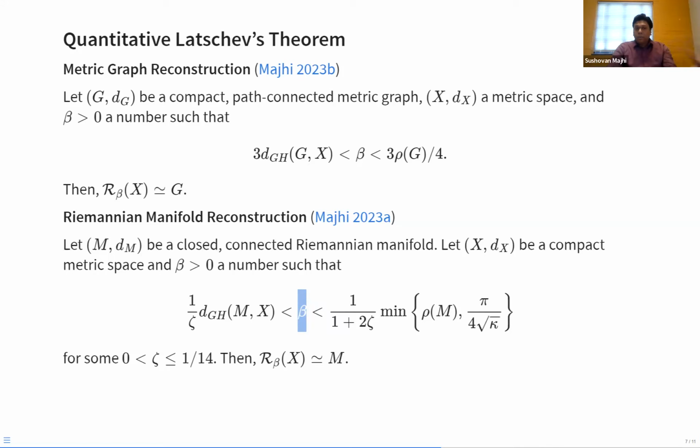But here is the quantitative version of Latschev's theorem, where we can reconstruct a closed connected Riemannian manifold from a finite sample as long as the Gromov-Hausdorff distance between them is very small, and also you have control over the upper bound of the sectional curvatures of the manifold at different points. Okay, moving on.